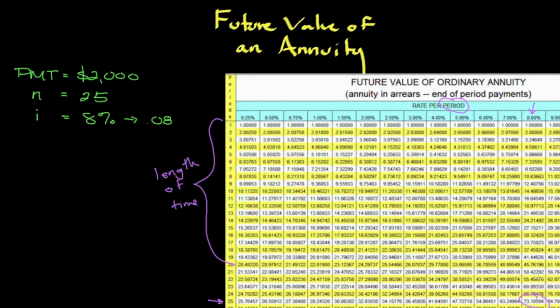So all we have to do now is take the two numbers, which is 2,000, and multiply it by the 73.10594. And of course, just like last time, we're going to get just over $146,000. And so it makes the calculation much easier to perform because we're reducing a number of steps.